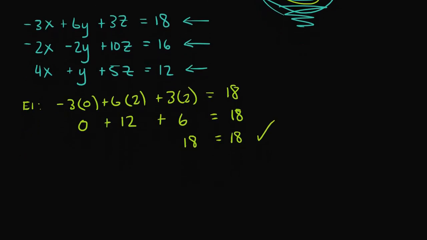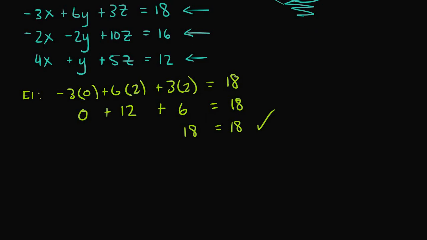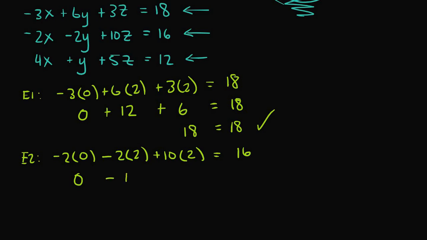Let's scroll down a little bit more and let's check equation 2. Equation 2 is negative 2 times x, which is 0, minus 2 times y, which is 2, plus 10 times z, which is 2. And that's equal to 16, right? Well, negative 2 times 0 is 0, minus 2 times 2 is 4, plus 10 times 2 is 20, and that's equal to 16.